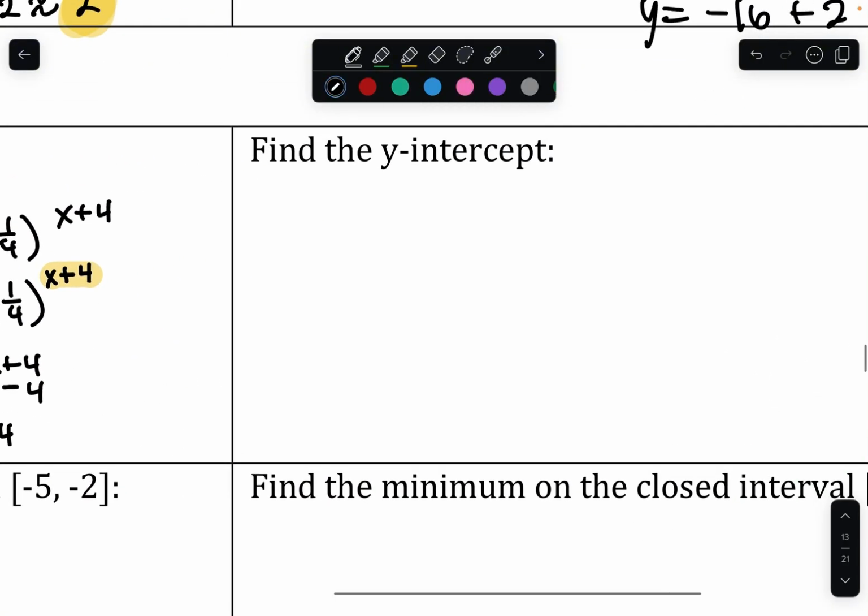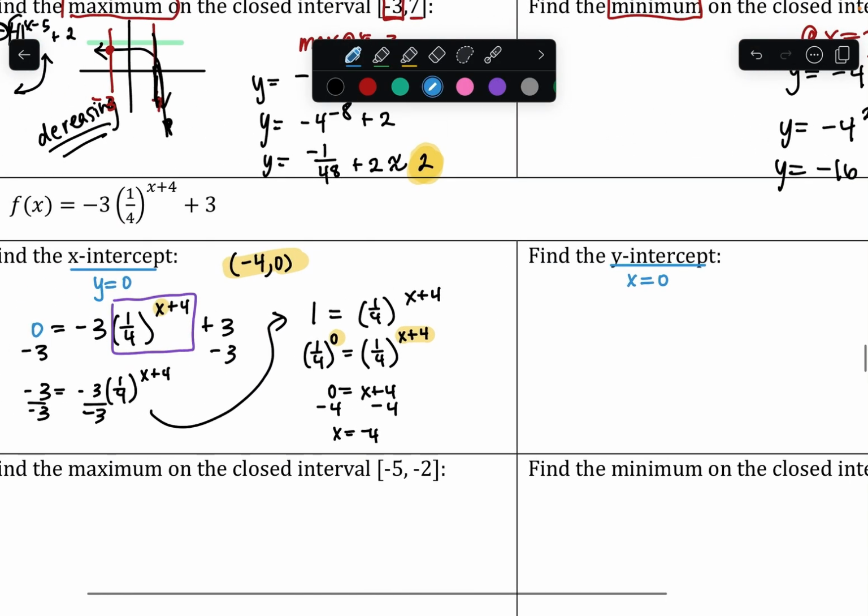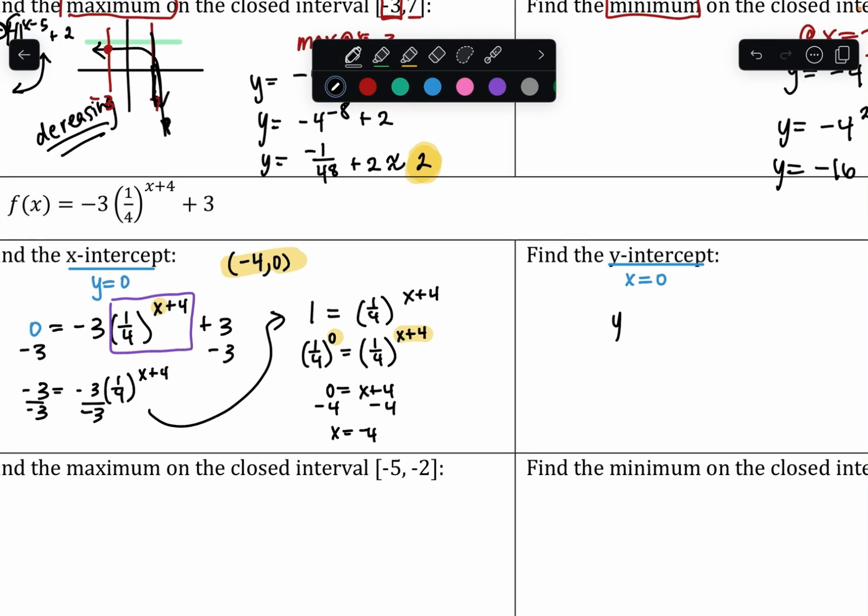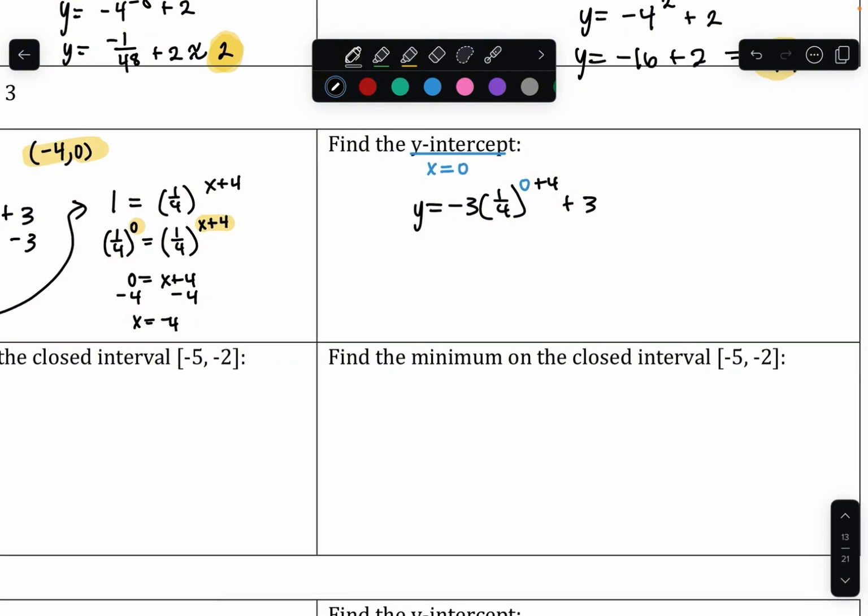Okay, for the y-intercept, we are plugging in x equals 0. So going to my original function, y equals negative 3, 1/4 to the 0 plus 4 plus 3. Okay, and so that gives me negative 3 times 1/4 to the 4th power plus 3.